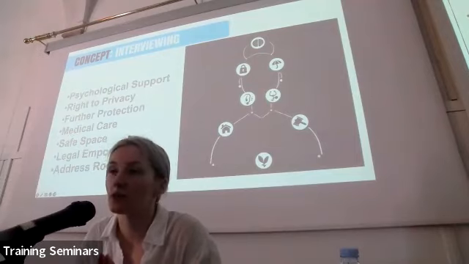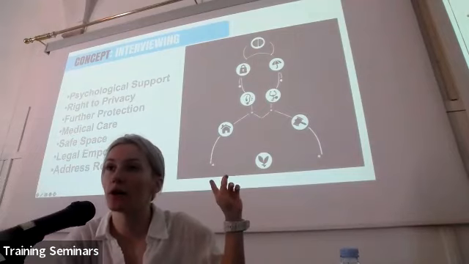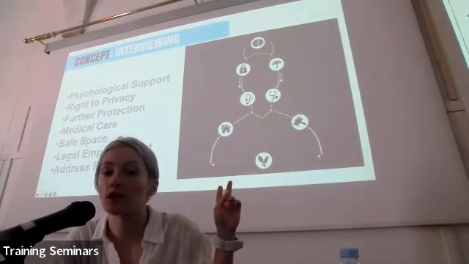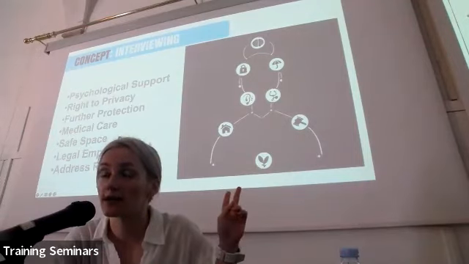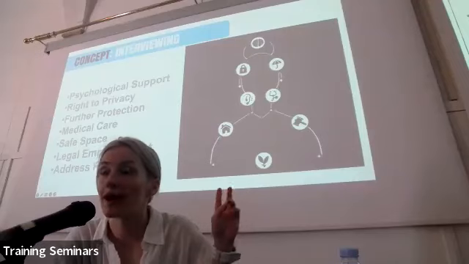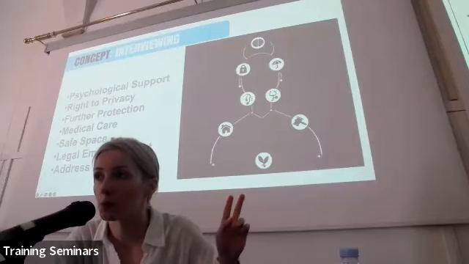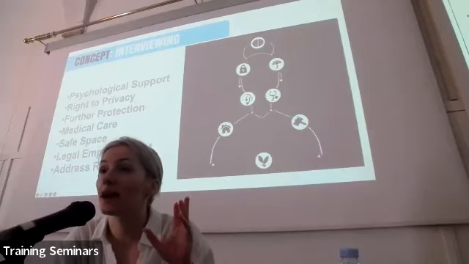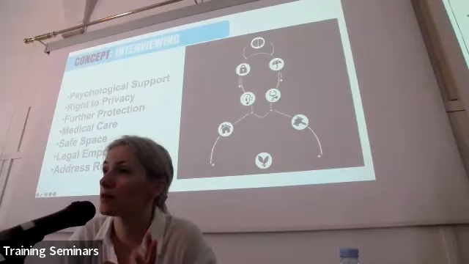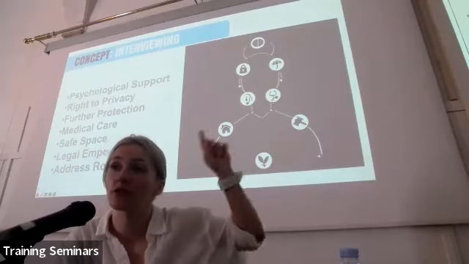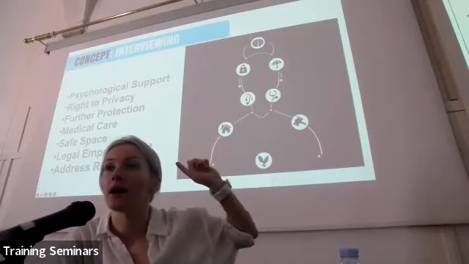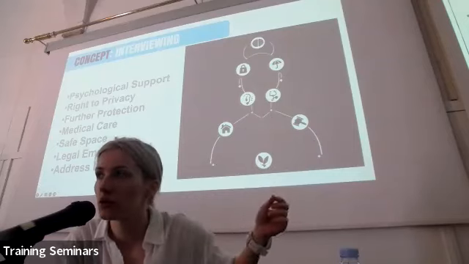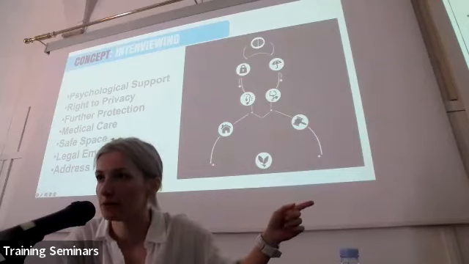The constellation of support is psychological support, the right to privacy, further protection, medical care, offering a safe space, legal empowerment, and helping them address the root causes of the harm. This is a lot. I am not saying that you all, as people who work with communities who have been harmed, have to provide all of this, but all of this constellation is something you have to be prepared to look into and to help connect them with, okay?